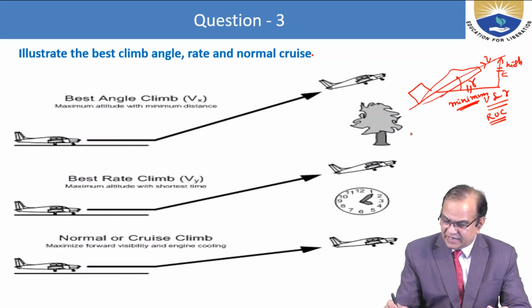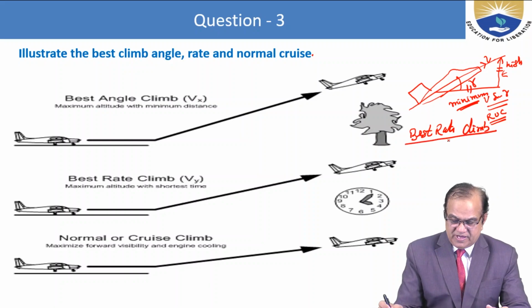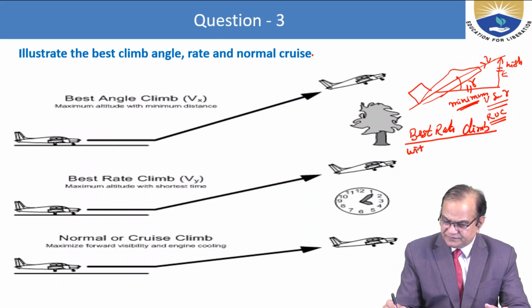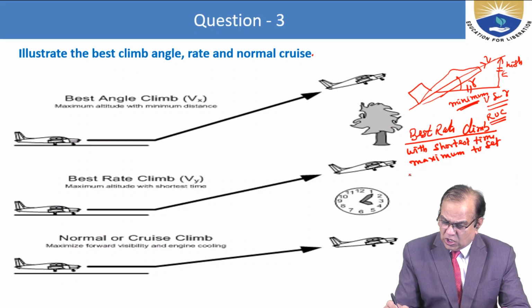So the best rate climb is with a minimum time, with the shortest time, to get the maximum altitude. Then normal or the cruise climb.